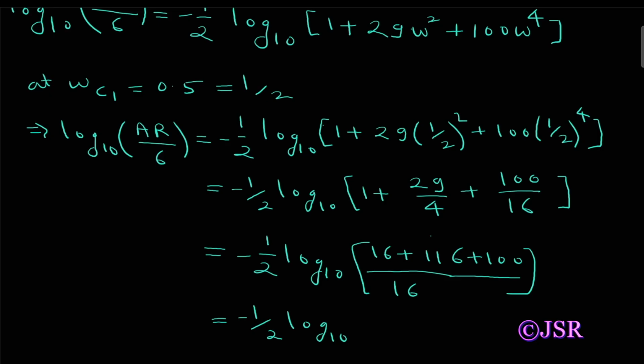So 16 plus 116 plus 100 gives 232, so 232 divided by 16.